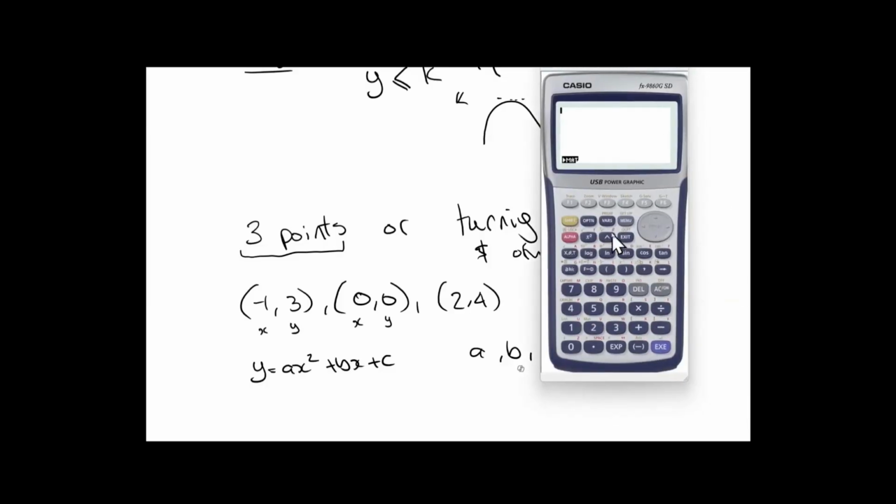We're going to come along to stats mode again, and do pretty much exactly what we did for the linear values. In fact, it's still set up there on this calculator. -1, 0, and 2. Then we go across and complete those ordered pairs: 3, 0, 4. Then we graph, and here we see the 3 points.